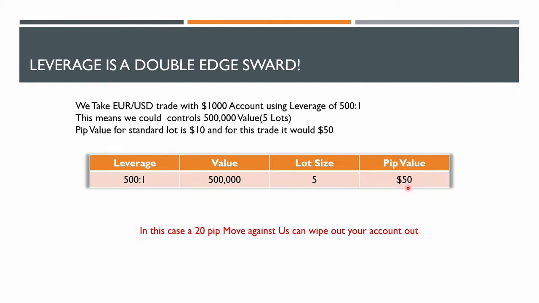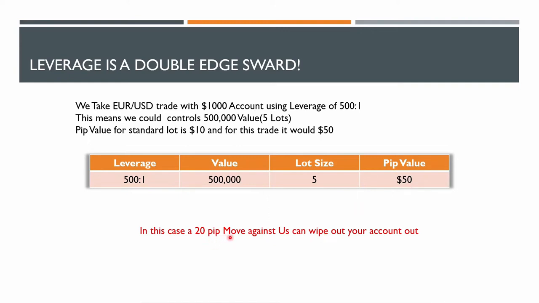In this case, let's say we analyze everything and put in a trade according to our strategy. The trade goes against us about 20 pips before it moves in our favor. So when it moves about 20 pips down, we have already wiped out our account, because it's $50 a pip. 20 times 50 is $1,000.